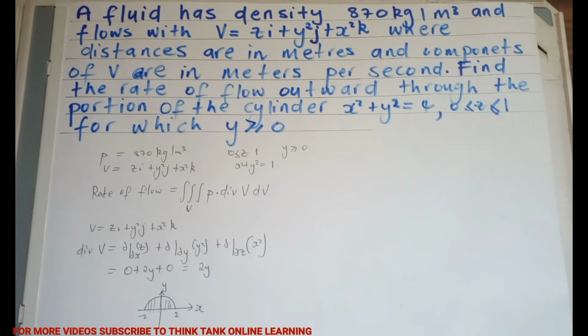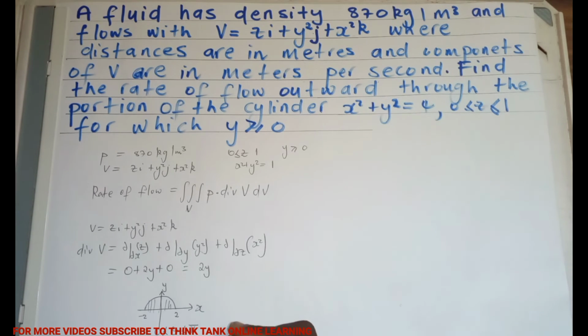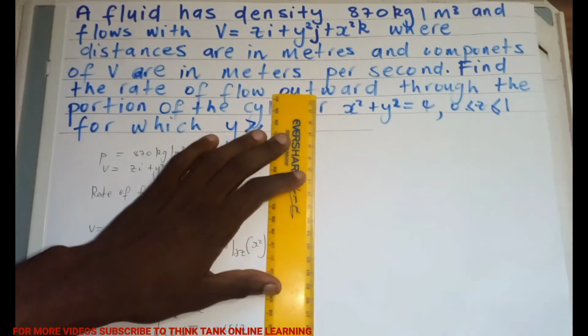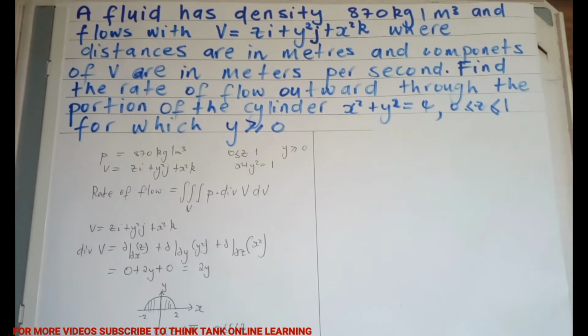Then what is the angle? I'm going to come from here to here, it's pi upon 2, then from here it's pi. So that means theta ranges from 0 to pi. Then what about r, which is the radius? The radius ranges from 0 to 2. Now it's time for us to compute the triple integral.